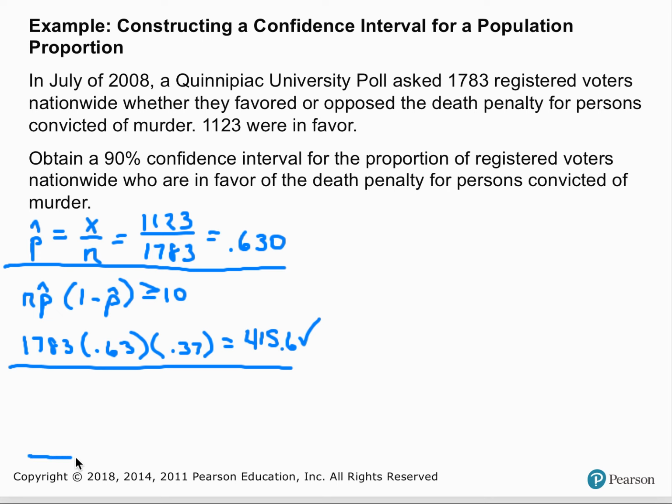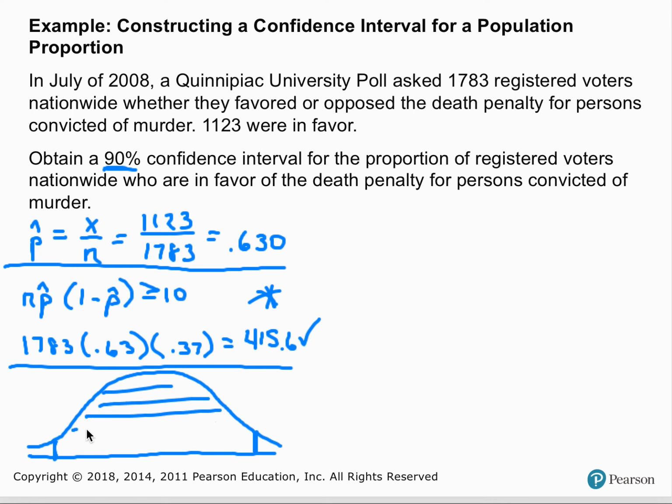So let's think about what that means, what we're looking for. Remember, because it's normally distributed, I know this shape applies. And what we're asking for is a 90% confidence interval. So what that means is this is 90%, and here we want to find the two values where this is 90%.